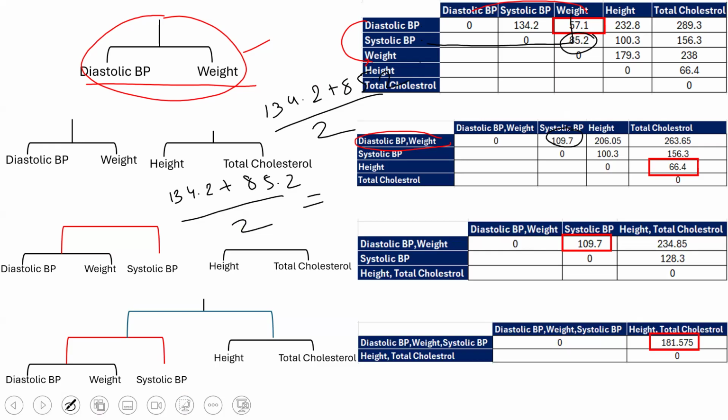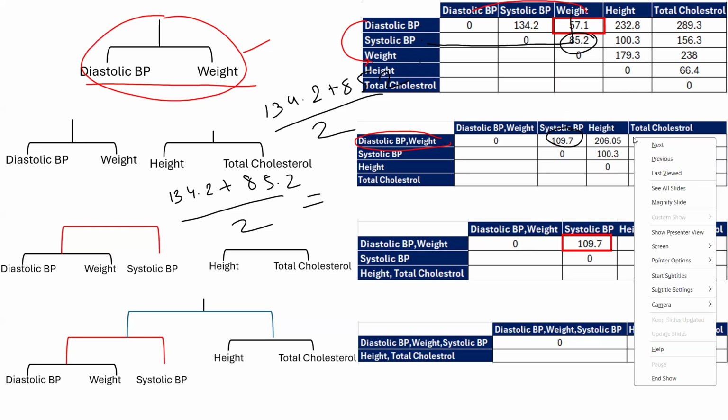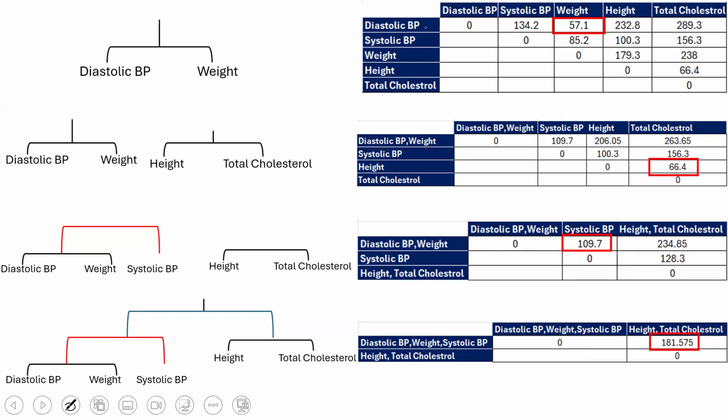Similarly, if you want to calculate the distance from this cluster to height, how do you calculate that? It is similar to this. From diastolic BP to height, the distance is 232.8, and from weight to height, the distance is 179.3. So you calculate 232.8 plus 179.3 divided by 2. This gives you the value of 206.3. Similarly, to total cholesterol, how do you calculate that?